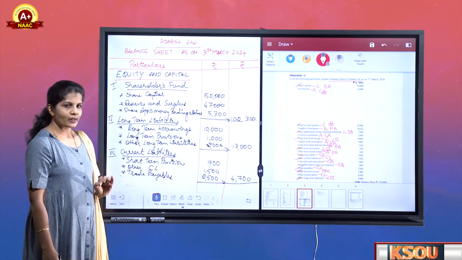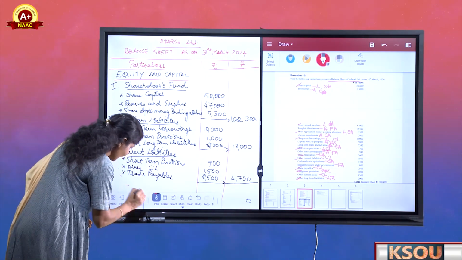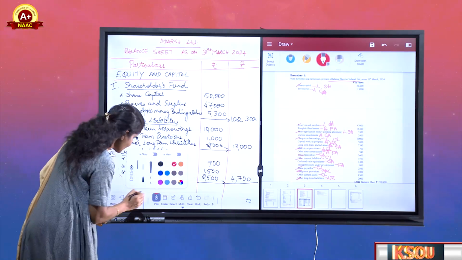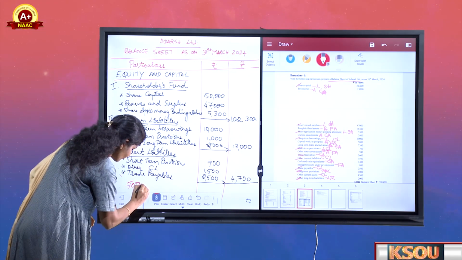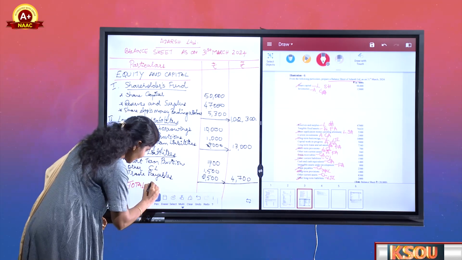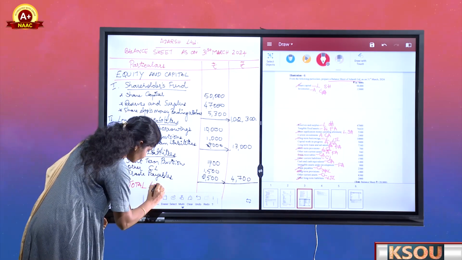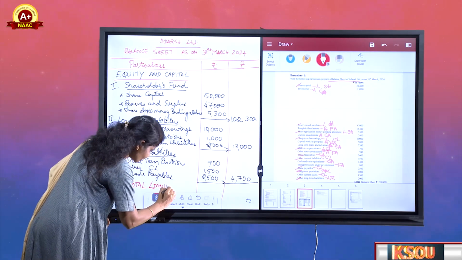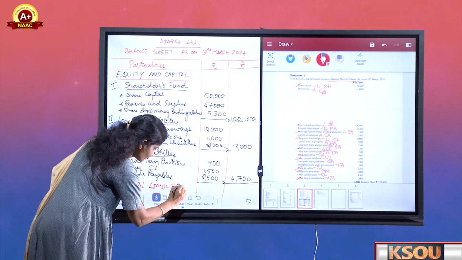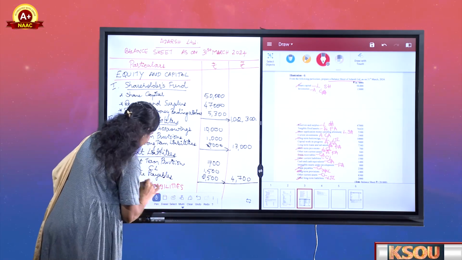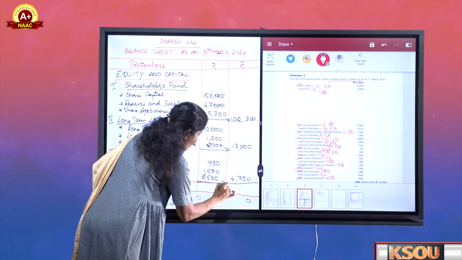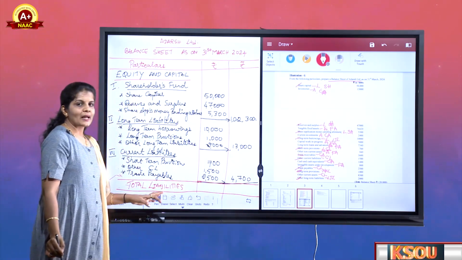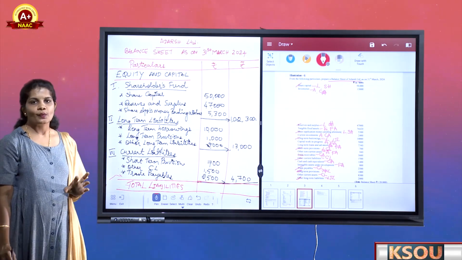Let us take the total, and this total is called total equity and capital. We can also say total liabilities. Always this total liabilities should be equal to total assets.